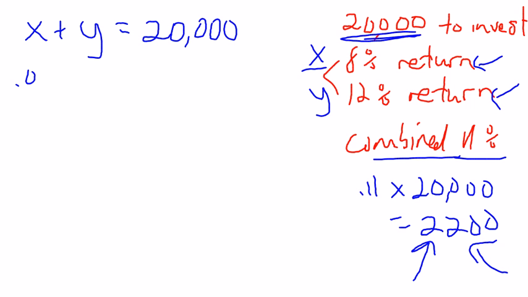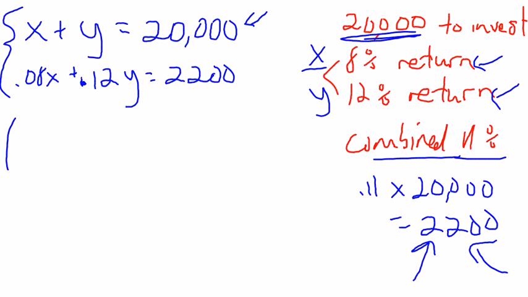So I get 0.08x plus 0.12y, there's a decimal there, is equal to 2200. You could also do 1.08 and 1.12, and then instead of 2200, you would have 2200 plus this guy. Anyway, so that's our system.